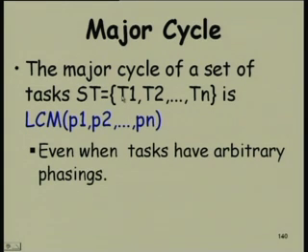So, the major cycle again can be given by LCM of P1, P2, Pn. We will see that we also sometimes need to change this, we will see situations under which, and then this will occur even when the tasks have arbitrary phasings, right. We know what is a phasing. So, if P1, P2, Pn are the periods of T1, T2, Tn, then we had said that the schedule will repeat after this.